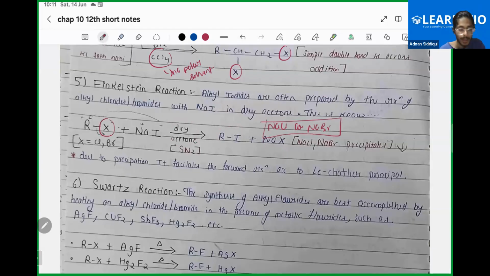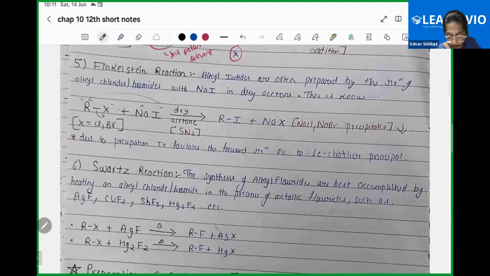If you have RCl, you will get NaCl. If you have RBr, you will get NaBr. The side product is going to precipitate, and due to this, it facilitates the forward reaction as per Le Chatelier's principle.